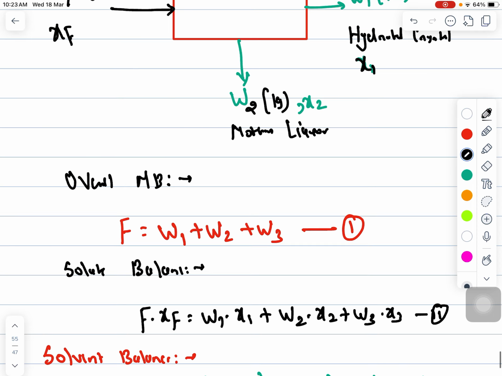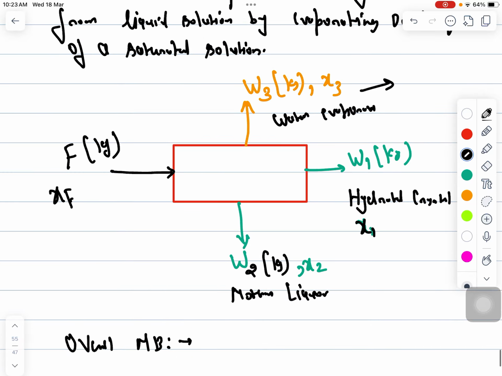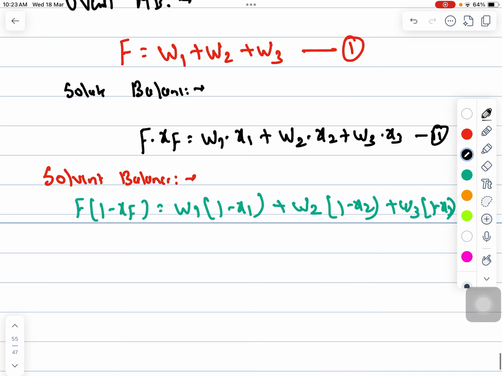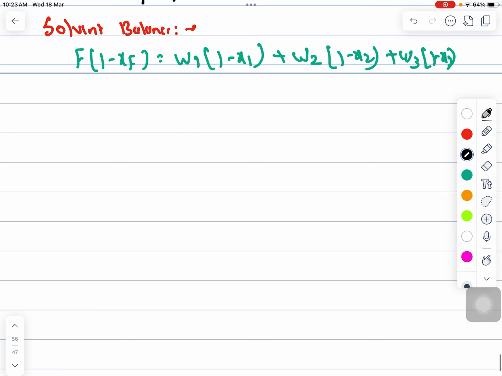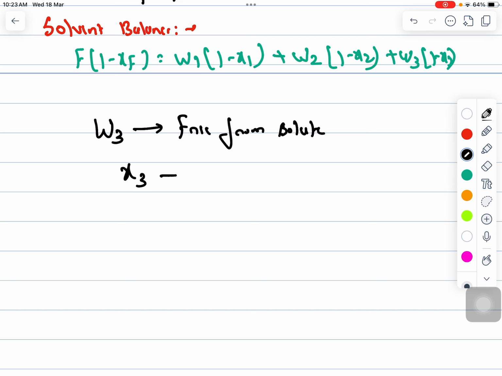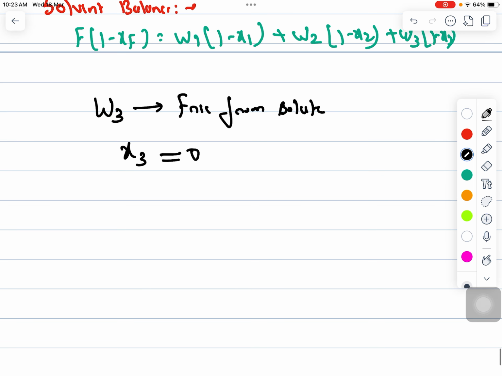Now when we talk about the water stream here, let's say the water W3 is free from solute. So what will happen? X3 will be equal to 0, right? Is that clear?